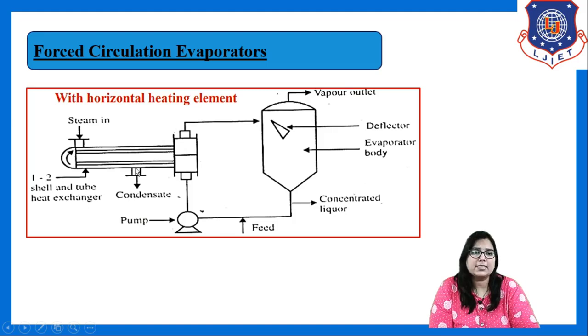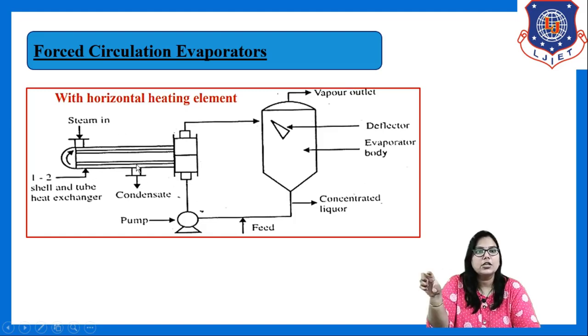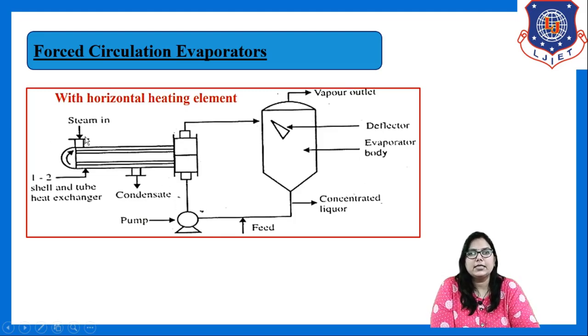In horizontal external heating element, in the majority of cases, we use a 1-2 shell and tube heat exchanger, positioned horizontally. The steam is introduced from here and the condensate is taken from this outlet, and the feed comes with the help of the pump to this heating element.